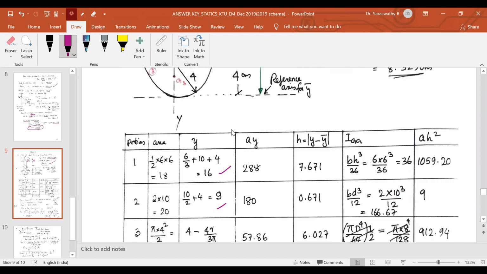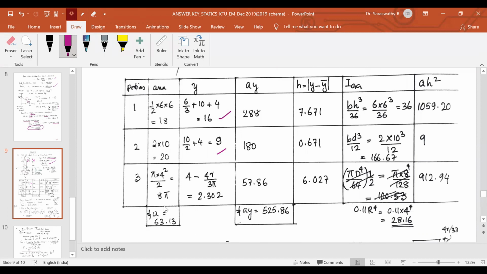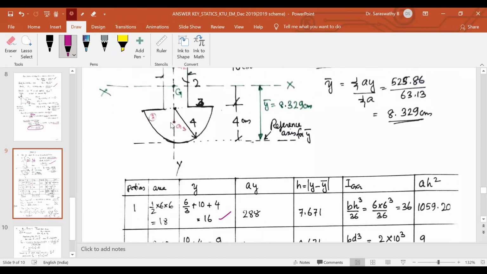So pi r square by 2 is the area. Now its CG, G3: the center of gravity of a semicircle acts at 4r by 3 pi from the base, from its diameter. So this is 4r by 3 pi.